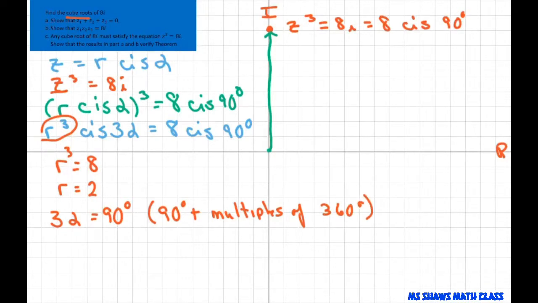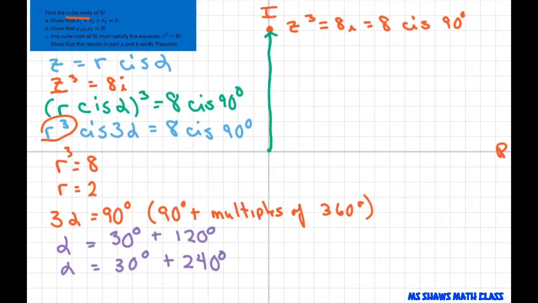So we know that alpha can equal 30 degrees plus a multiple of 120. Or we could say alpha equals 30 degrees plus 240.